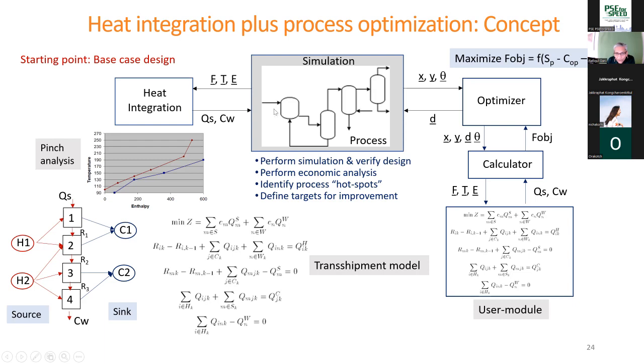If we know the hot streams and the cold streams in the process, and the user tells what they want to do, the program will automatically generate this and connect it to the optimizer in the process simulator. So from the user point of view, you will not have to do very much except for defining the problem.